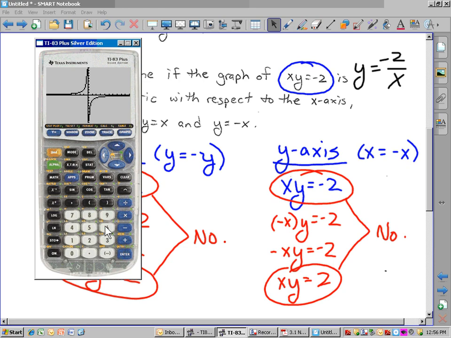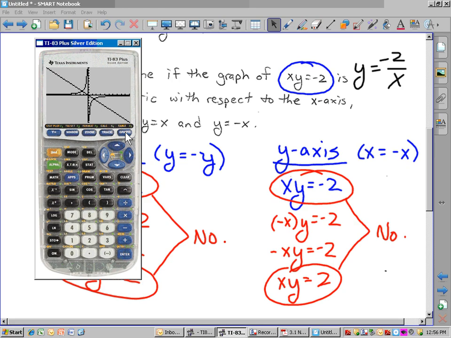Now, let's look at the line y equals x. If I flip over that, will I get the same thing? Absolutely. And we proved it already. It says that we should, and looking at this graphically, we flip across that, we are going to get exactly the same thing.